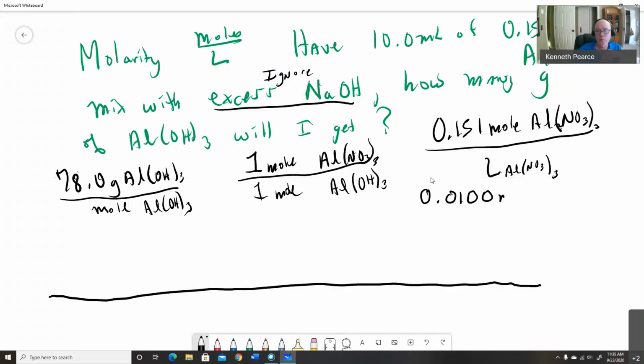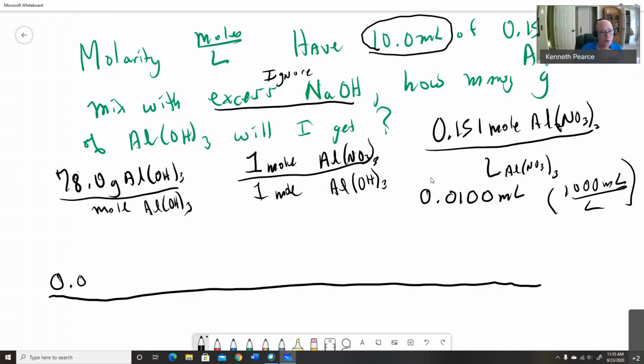Keep in mind, there's 1,000 milliliters for every liter. So I took my 10 milliliters and I'm going to write it down as 0.0100 liters. And that's liters of the aluminum nitrate solution.